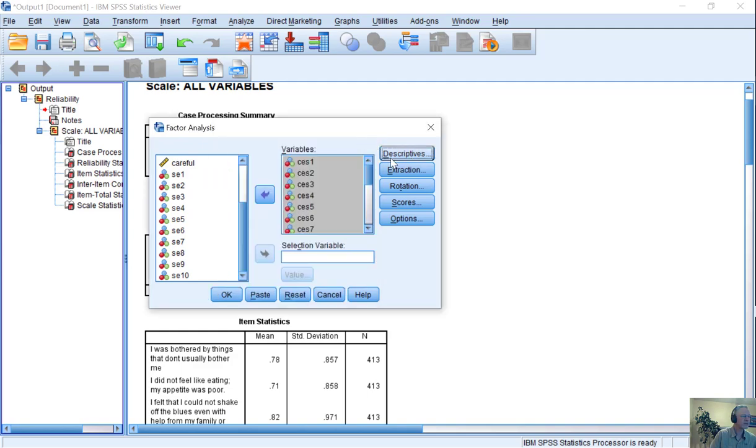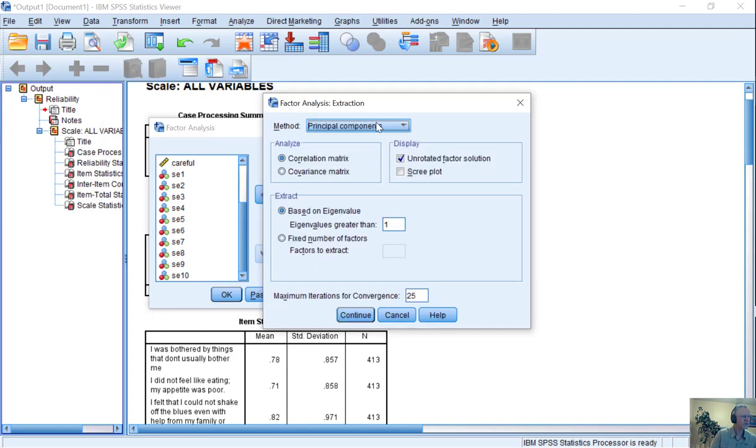I don't think we need the initial descriptive statistics. We had that from the previous analysis. I'm not going to try and explain all the differences here. I'm just going to go with what's called principal axis factoring. I'm going to do a scree plot.